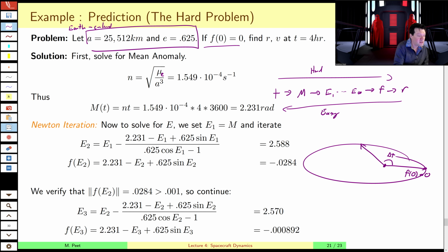So the problem then is to find the position and velocity, or the radius and velocity, at time 4 hours, so after delta t equals 4 hours, assuming, of course, that t equals 0 is at periapse. If we're given an alternative f naught, we'll discuss what to do with that in a second.